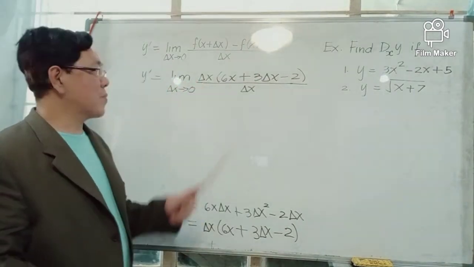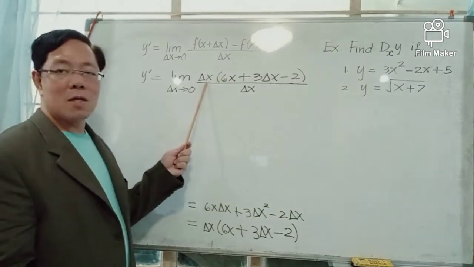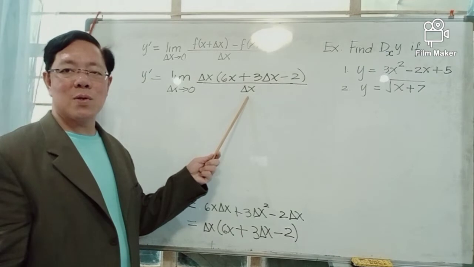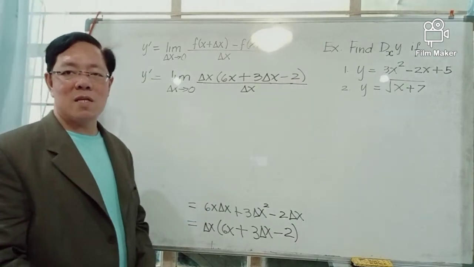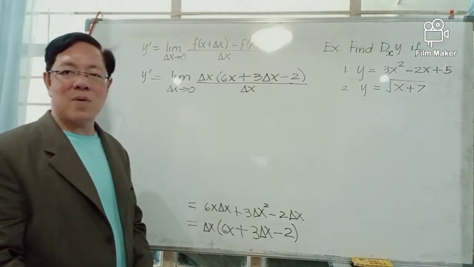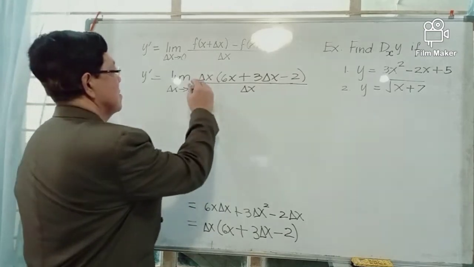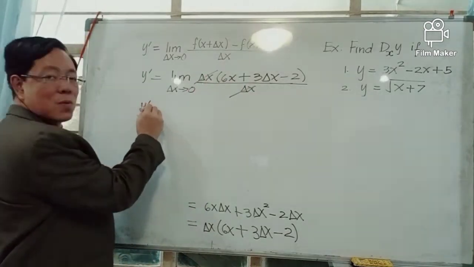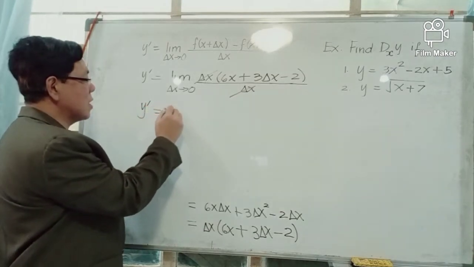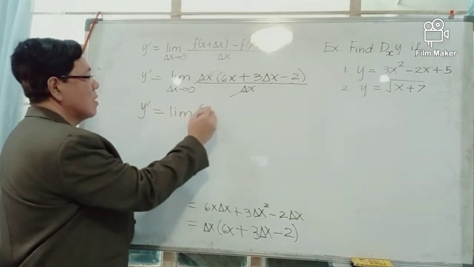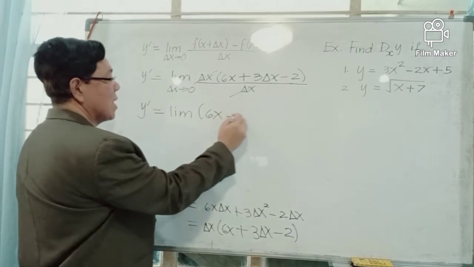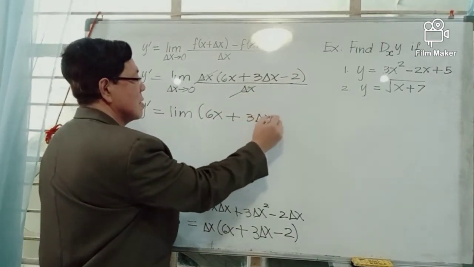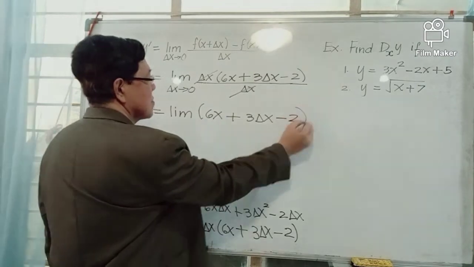By inspection of this, you see that there is delta x in the numerator and delta x in the denominator, and they will cancel out because delta x divided by delta x equals 1. And the derivative y prime is now equal to the limit of 6x plus 3 delta x minus 2.